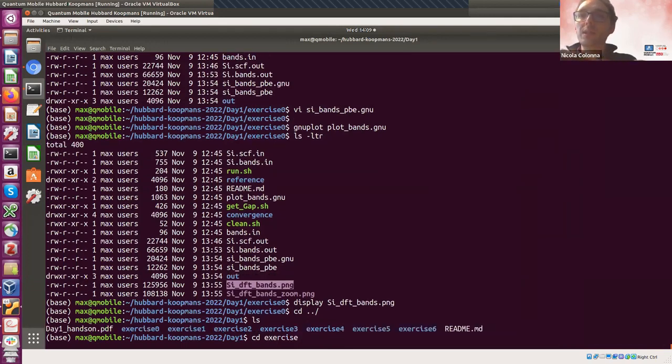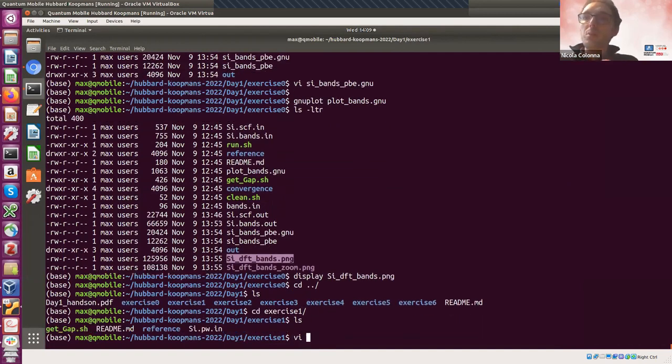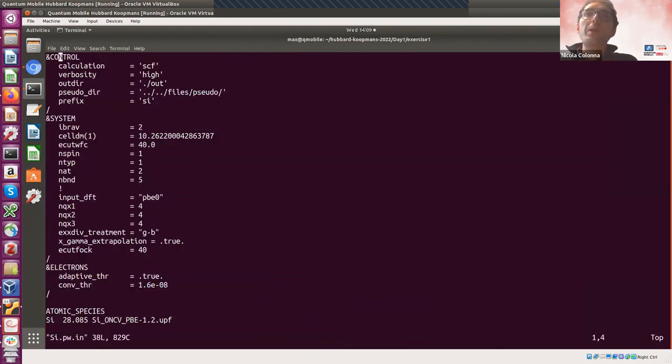Okay, and now we go to exercise 1. This is where we have the input file. We open it again and we see that we want to do an SCF calculation. Again, here we specify the pseudopotential file, the prefix. This is the same structure we saw before, and here you have the relevant parameters for the hybrid functional calculation.